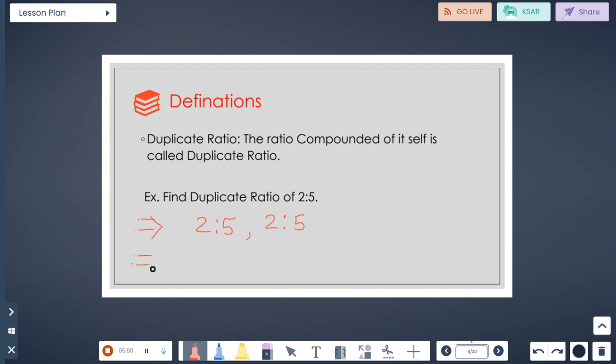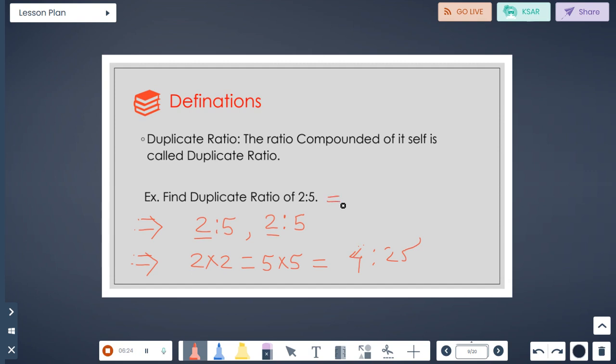Using the definition of compounded ratio, we multiply first quantity with first quantity, 2 by 2, and second quantity 5 by 5. We get 4:25. So 4:25 is the compounded ratio.